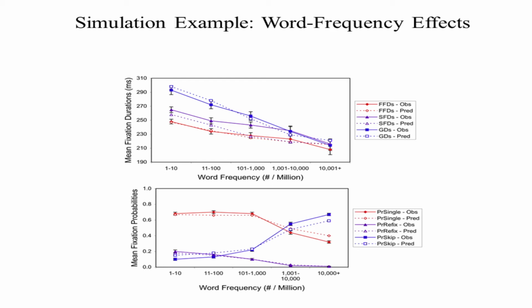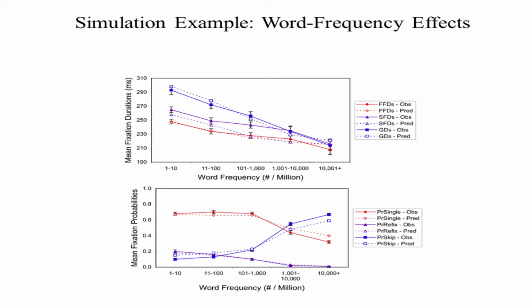And similarly, what I'm showing in the bottom panel is again word frequency effects, but this time showing the probability of fixating once in red, the probability of fixating 2 or more times in purple, and the probability of skipping a word in blue. Okay? So in terms of aggregate data, the model does a pretty good job.